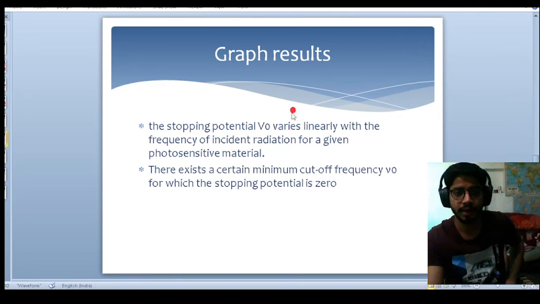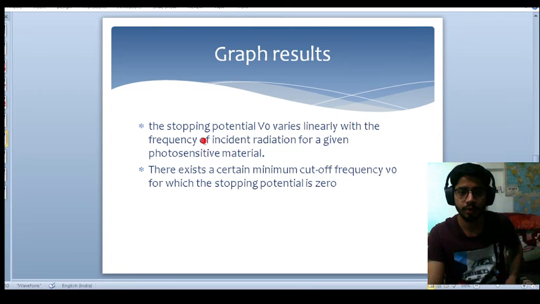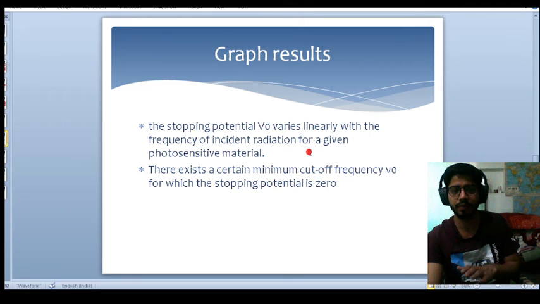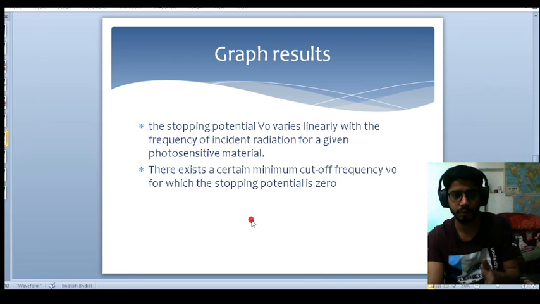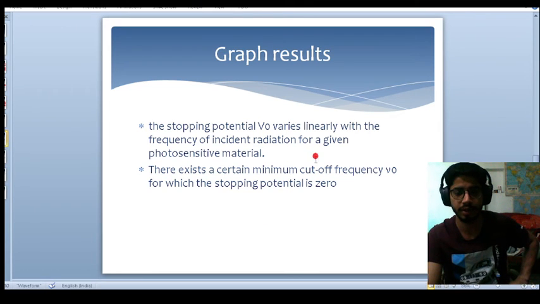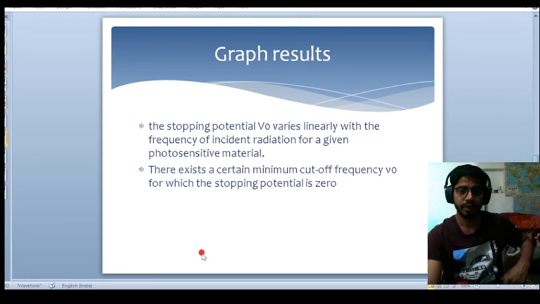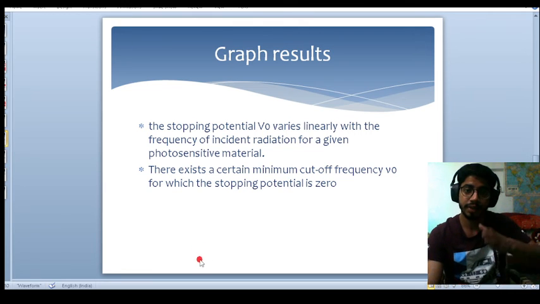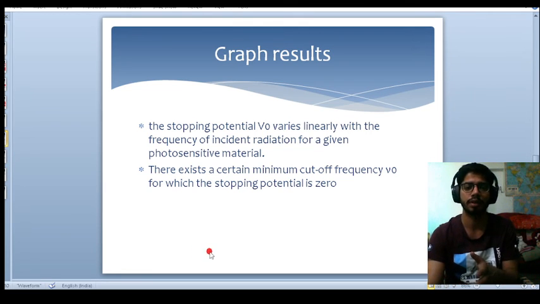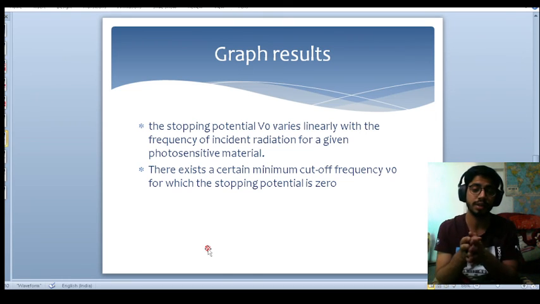And the graphical result we have already seen: the stopping potential V naught varies linearly with the frequency of the incident radiation for a given photosensitive material. The second point is that there is a certain minimum cutoff frequency for which the stopping potential is zero.